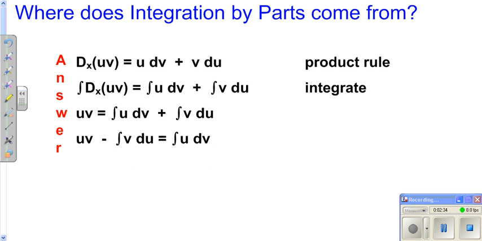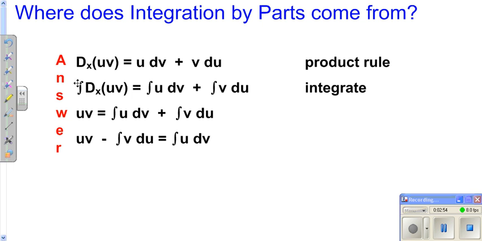So where does the integration by parts come from? Well, you all know your product rule for differentiation. We've talked about that for months now. If you integrate both sides of your product rule, you'd have the integral of your derivative, the integral of the first part, plus the integral of the last part.